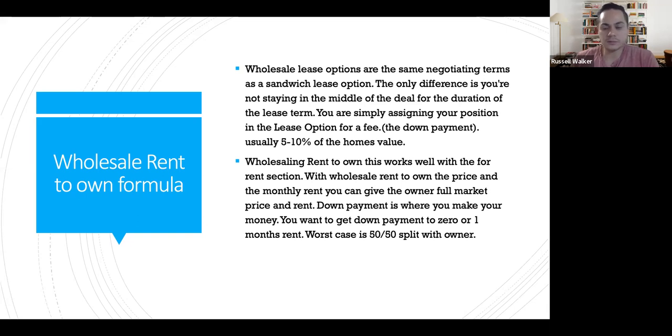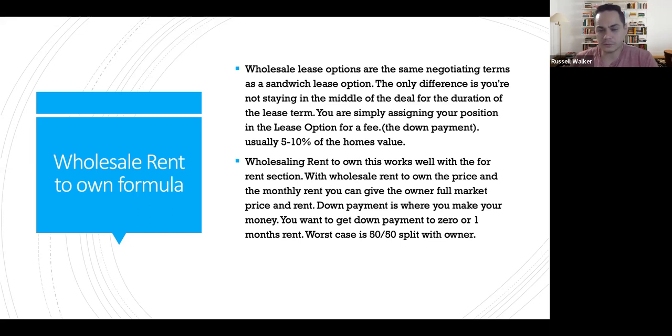So last week we talked about a sandwich rent to own where, if the market value was 200,000, we maybe needed to be somewhere at 160 or 175 to stay in the middle of the deal. And also on the rent, with the sandwich rent to own, we need to get it at maybe 1,400 to 1,500 a month if the market rent was 2,000 to stay in the middle. With a sandwich rent to own, you want to make sure there's equity and cash flow.